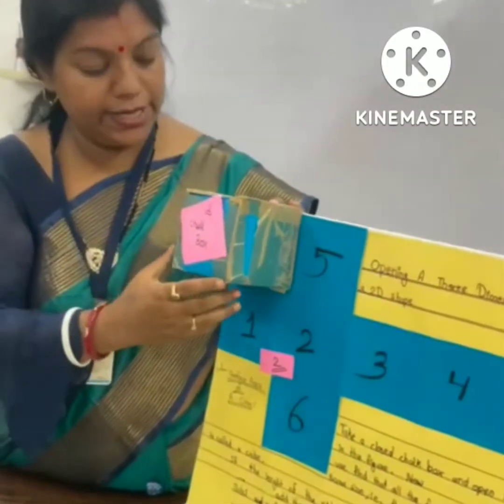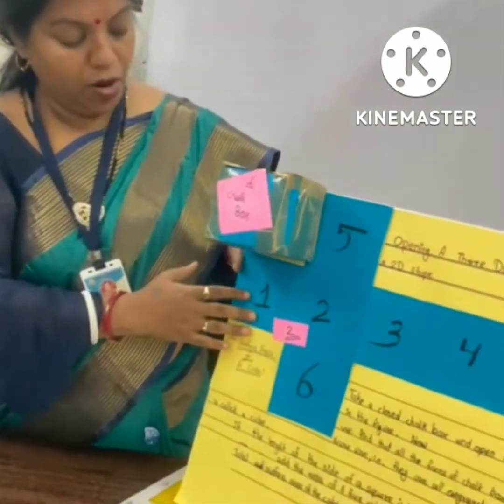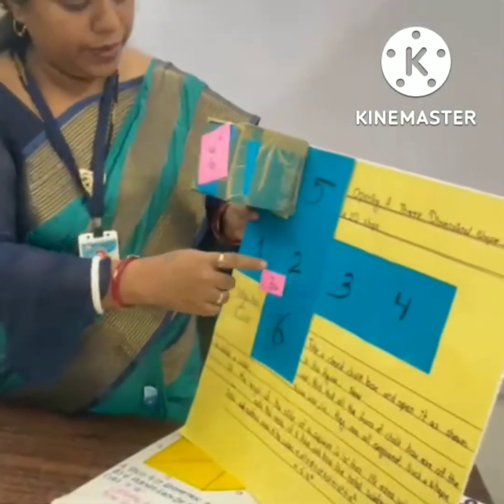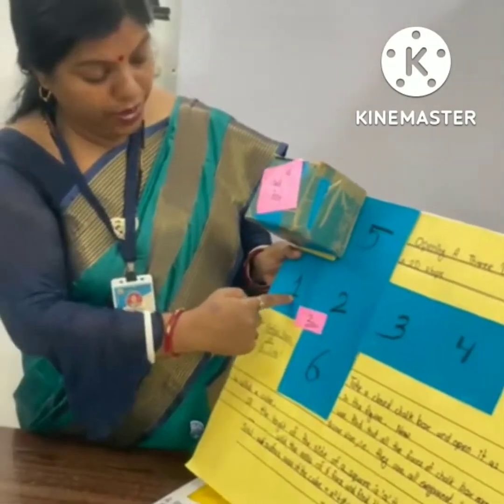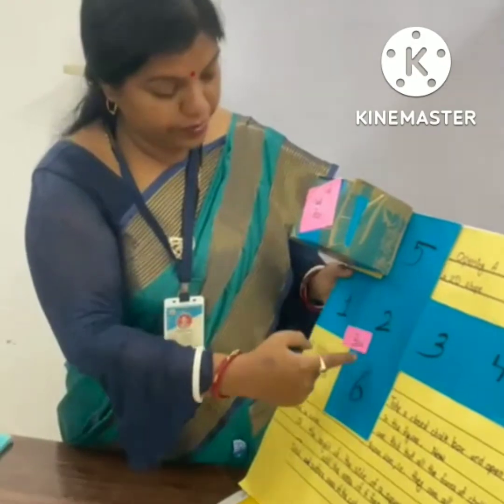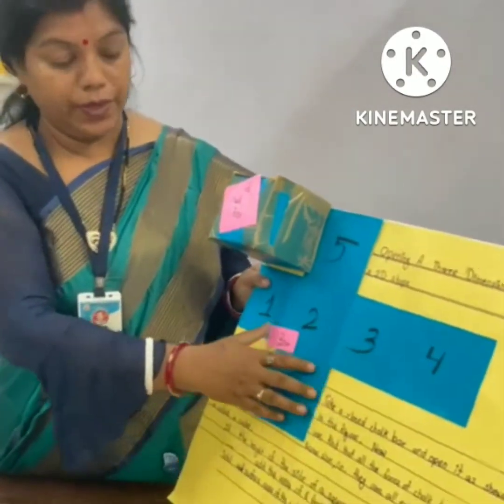There are 12 edges, 8 vertices and 6 faces, and all the 6 faces are equal. The net diagram of the faces is 1, 2, 3, 4, 5 and 6. These faces are all equal.